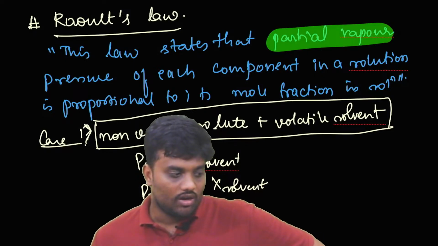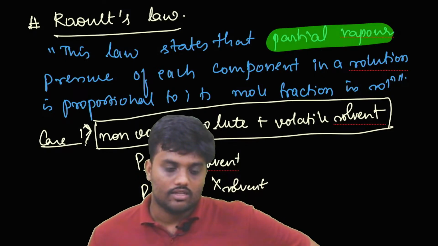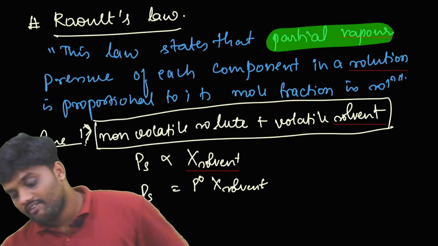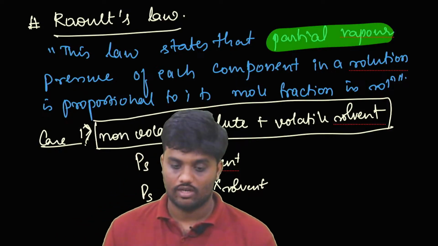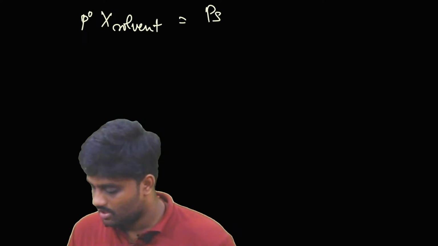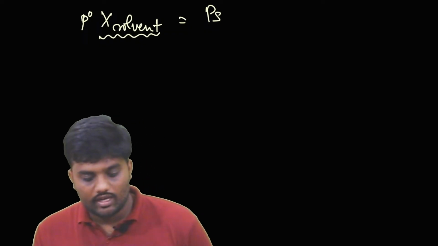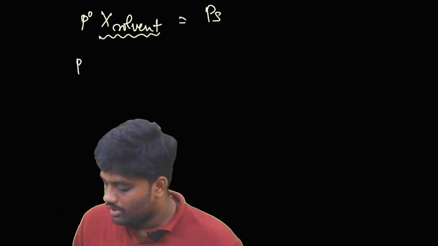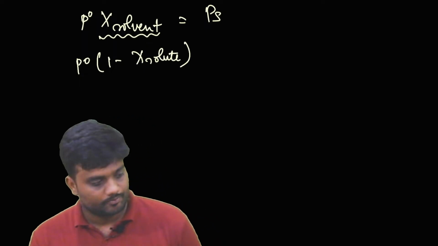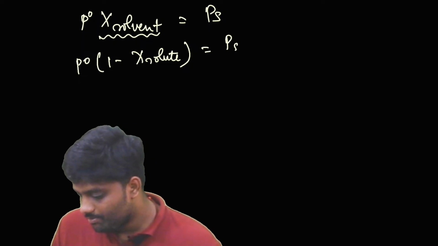P naught is the vapor pressure of the pure solvent, and PS is the vapor pressure of the solution. So P naught times the mole fraction of the solvent equals PS. The mole fraction of the solvent can also be written as P naught times 1 minus the mole fraction of solute, which equals PS.